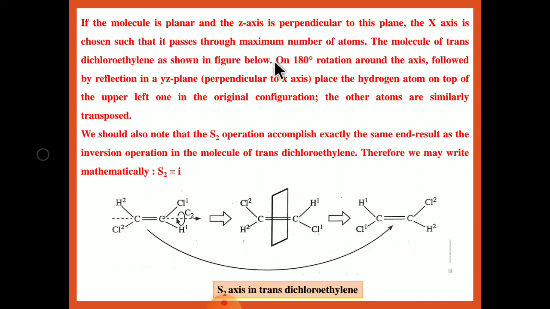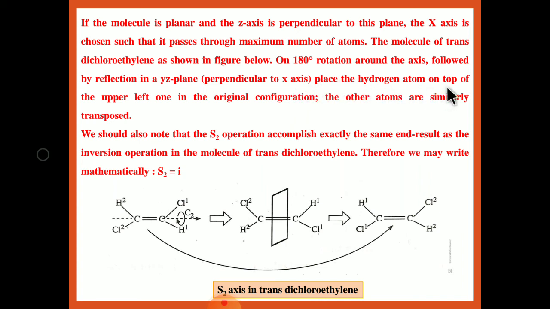This is the dichloroethylene molecule. So here two carbon atoms are passing through the x-axis. So this is the principal axis, the C2 axis, and there is a 180 degree rotation around the axis followed by reflection in the YZ plane, which is perpendicular to the x-axis.